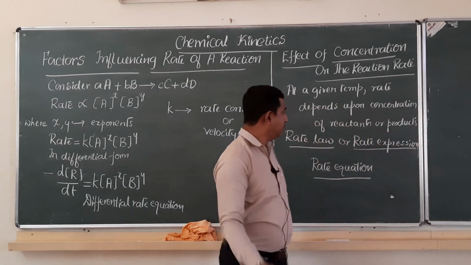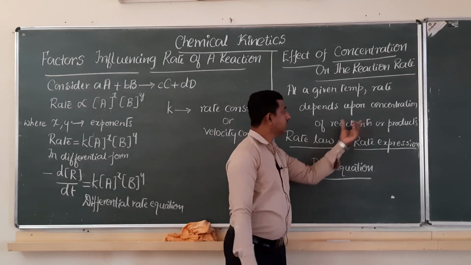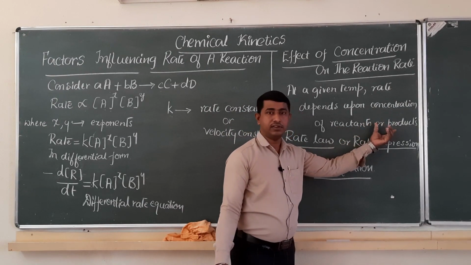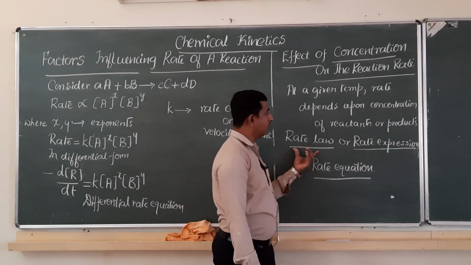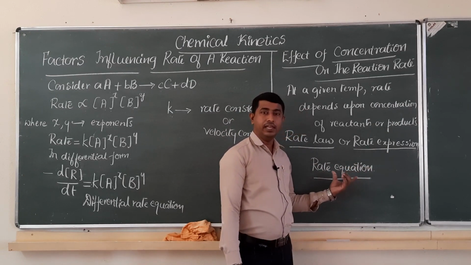Now, we can represent the reaction rate by taking the concentration of a reactant or of a product. This expression is called either rate law, rate expression, or rate equation.